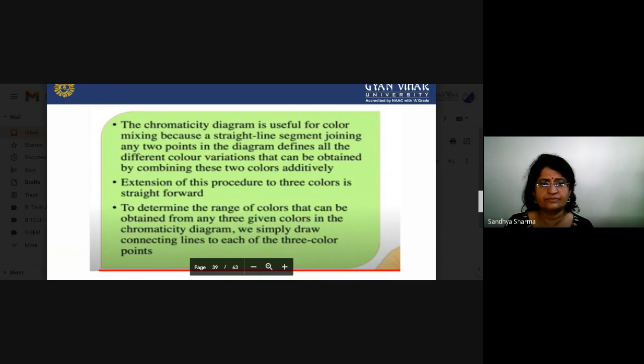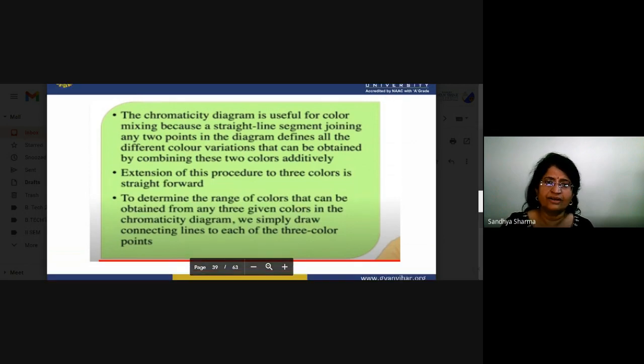To determine the range of colors that can be obtained from any three given colors in the chromaticity diagram, we simply draw lines connecting each of the three color points. That is how you can define the range of colors.